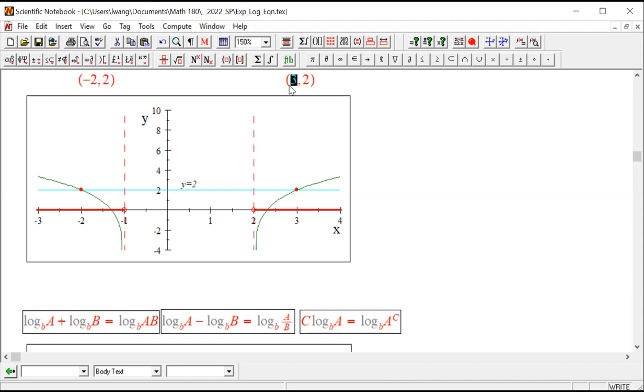For solution 3, the output is 2. So we got 2 solutions. This function perspective makes us see better what we are actually doing. We know the output, and we're looking for the input, and the graph helps us identify how many solutions there are.